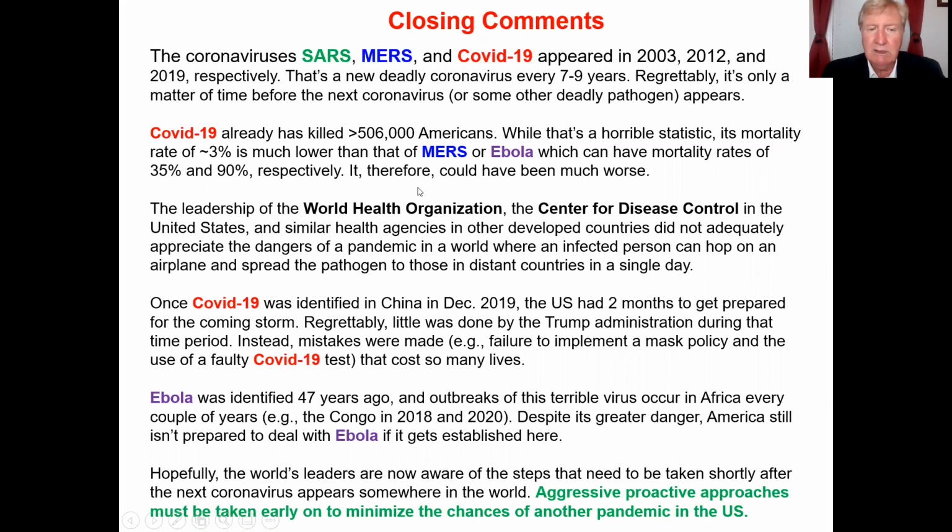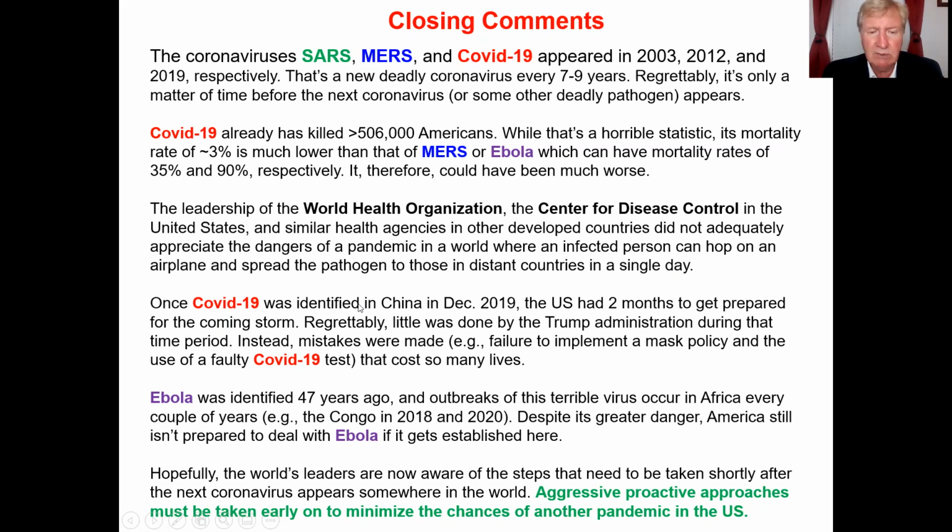The problem is that the leadership of the World Health Organization, the Center for Disease Control in the United States, and similar health agencies in other countries did not adequately appreciate the dangers of a pandemic in a world where an infected person could hop on an airplane and spread the pathogen to distant countries in a single day. The one country that understood this was South Korea, and that's why South Korea has very few deaths.